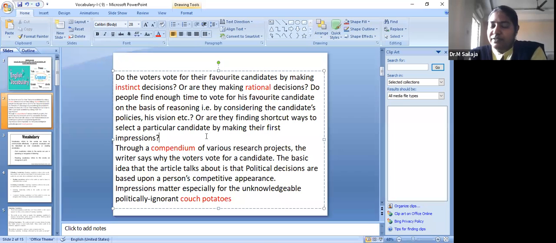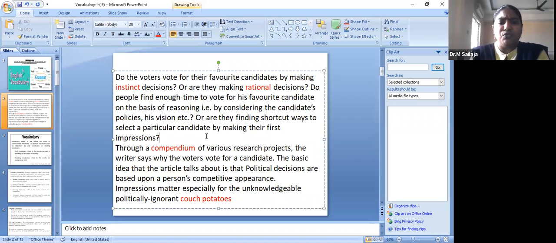Right. Let me ask you one question for all of you. Are you able to understand this paragraph very clearly, even including these red color highlighted words, without knowing their meaning?